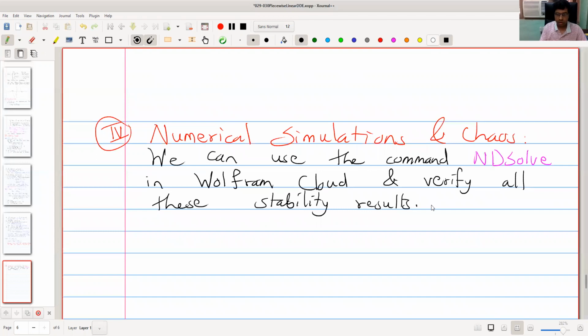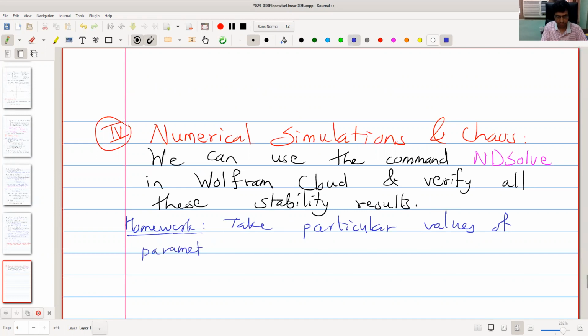So the homework is to take particular values of parameters A, B, and tau.